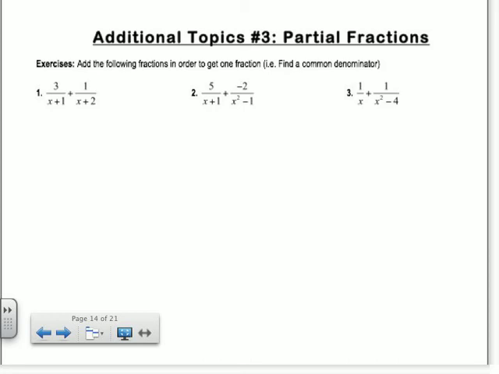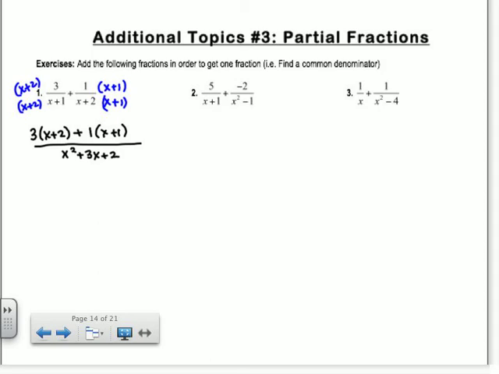Okay, so if I'm going to get common denominators, this first one I'm going to multiply by x plus 2 over x plus 2. The second one I'm going to multiply by x plus 1 over x plus 1. So I get 3 times x plus 2 plus 1 times x plus 1, and it's all over the same denominator, which is now x squared plus 3x plus 2.